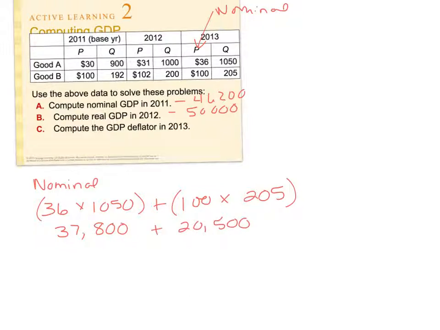If we add those two together, we end up with 58,300. Now remember, that's nominal.